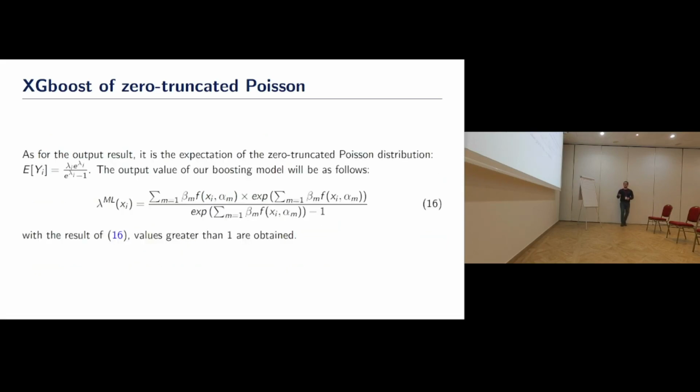And to have something greater than 1, we are going to use exactly the same expectation as for the zero-truncated model. But instead of using lambda, the parametric parameters, we are using our different trees that we built with the XGBoost, right? And in this case, we have something greater than 1.